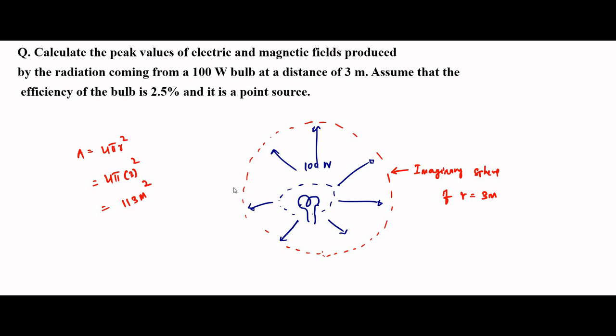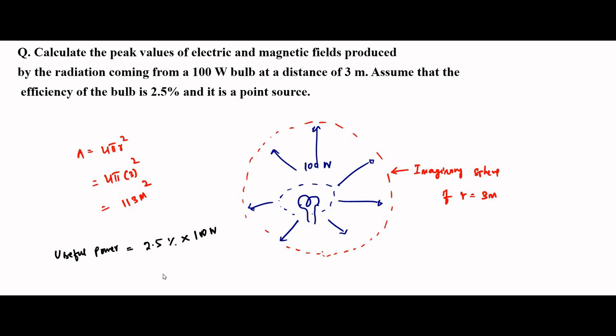Now it is given that the power rating of this bulb is 100 watt and it is 2.5% efficiency. So the useful power, that is equal to how much? Efficiency multiplied with the rated power, 100 watt.